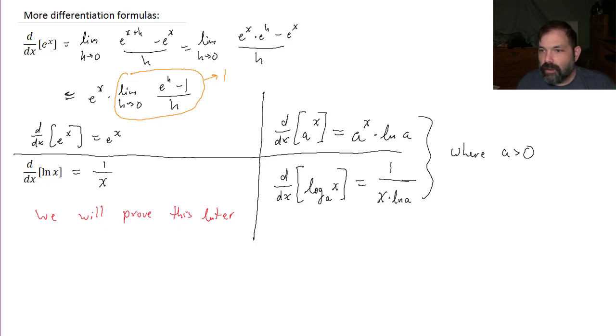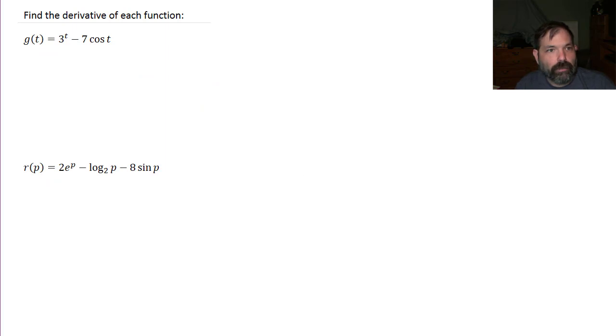All right, so now let's go back to this one. Let's find some derivatives again. Let's find the derivative of the function g of t is 3 to the t minus 7 times the cosine of t. All right, well then g prime of t. The derivative of 3 to the t, using what we saw in the previous slide, would be 3 to the t times the natural log of 3 minus 7.